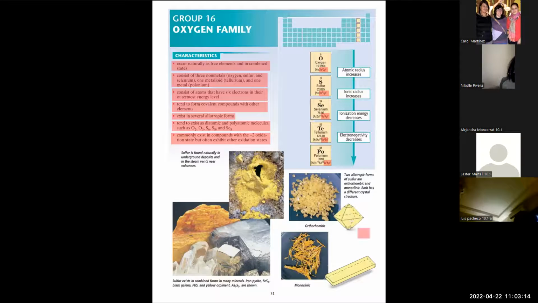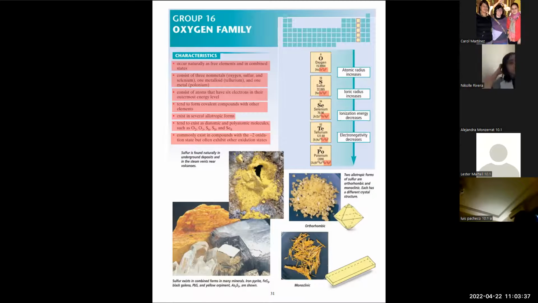Now another structure that sulfur has is this orthorhombic shape. Orthorhombic because the shape is like a rhombus, okay? And as you can see, it has luster. It is like a crystal.